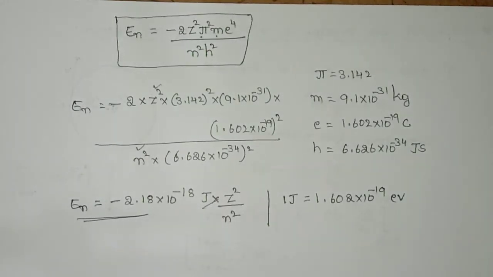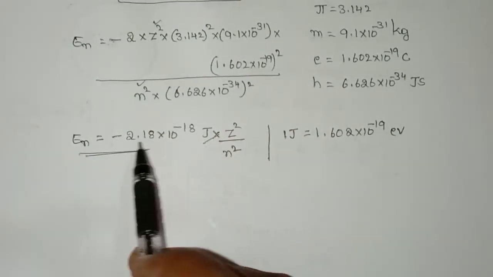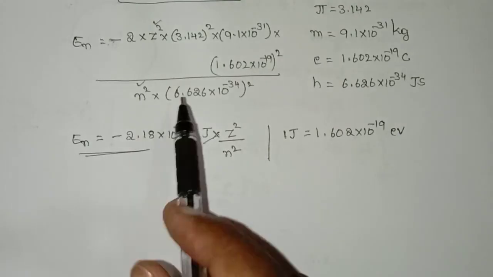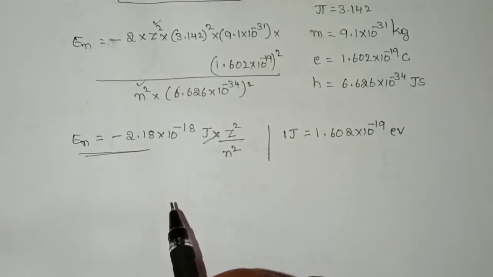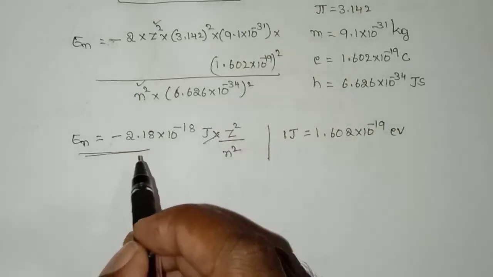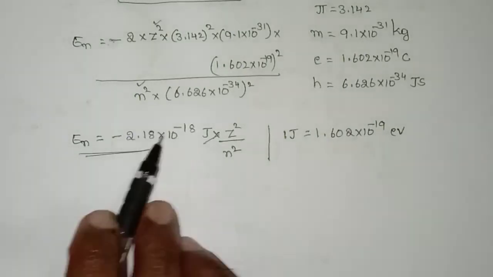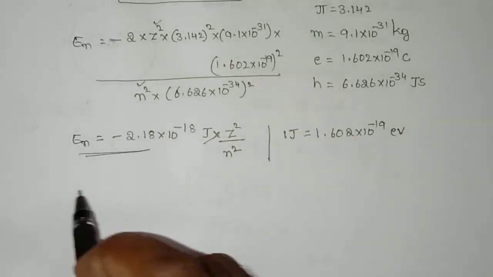So these variables are supposed to be substituted. Depending upon the values of n and Z, we will get the definite value of energy for that electron, depending upon the orbit in which it is present as well as the atomic number of the atom. So if you want to convert this value into corresponding electron volt units, what should we do?